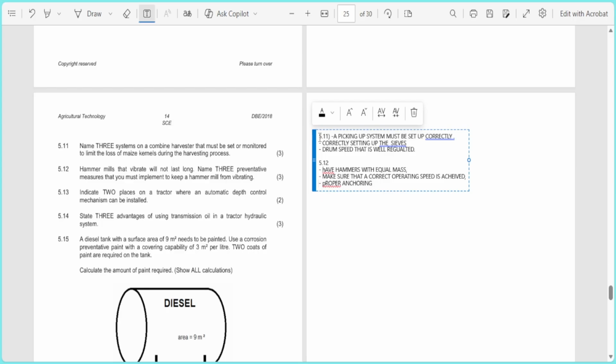Indicate 2 places on a tractor where an automatic depth control mechanism can be installed. In the differential housing, I think yes, it should be in the differential housing.